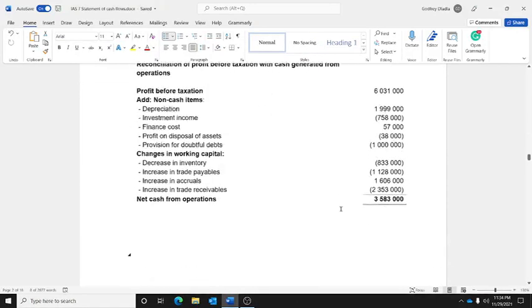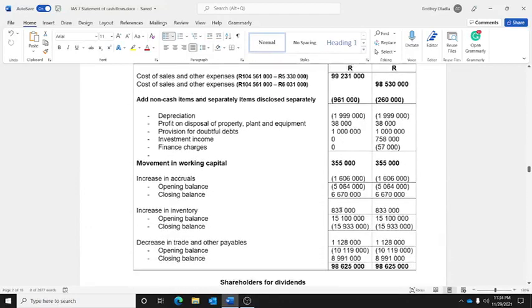And if you look at that, you'll remember that accruals technically you can say they're non-cash because it means you have not paid them. You still need to accrue them because you've not taken them into account. So they are forming part of these figures here and they have not been paid for. So they went up from 5 million to 6.6 million. Okay, so the increase, you reverse it out of that.